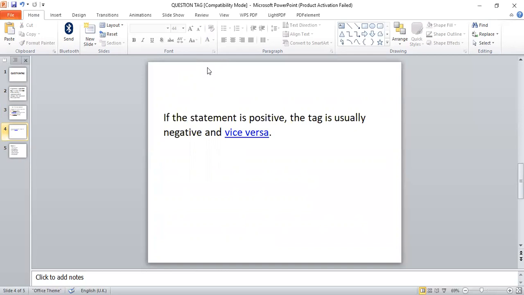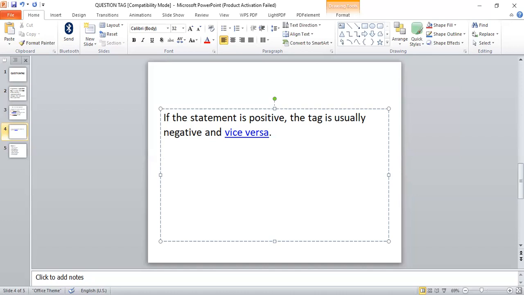Now, here, how do we identify a positive statement and a negative statement? A positive statement is a statement that does not have the word not in its composition. This word not is not found in its composition.